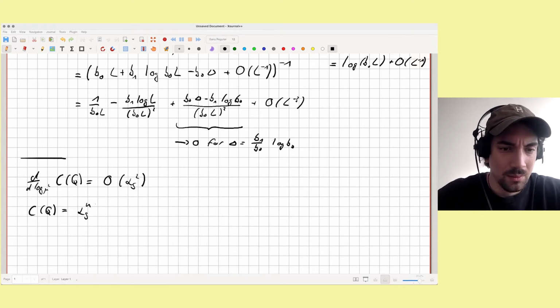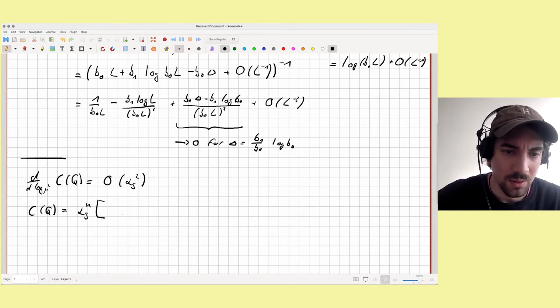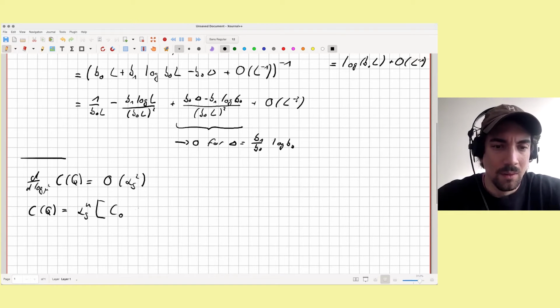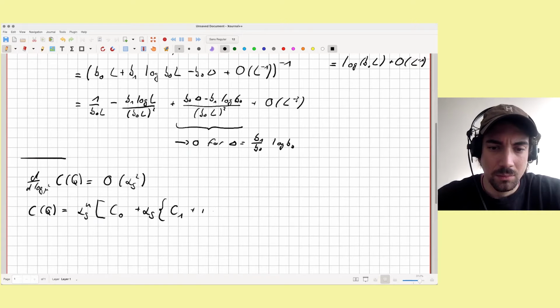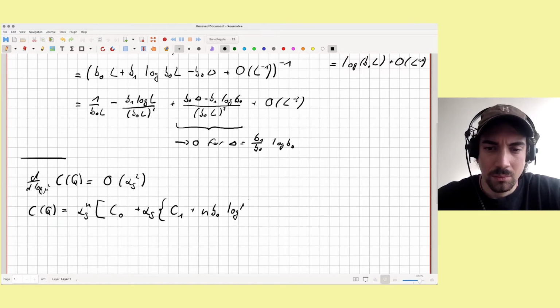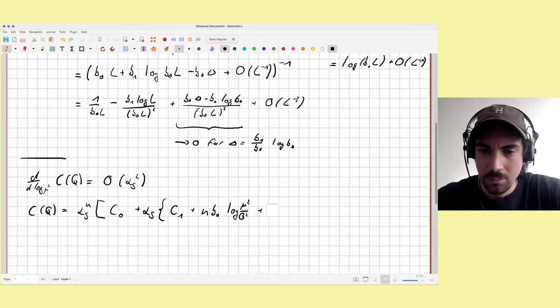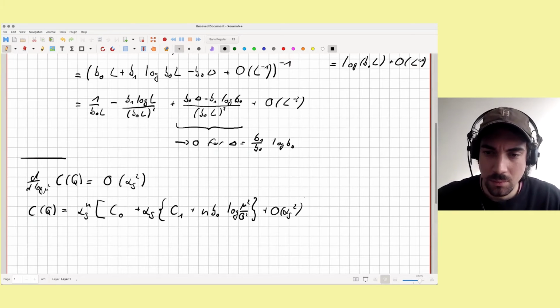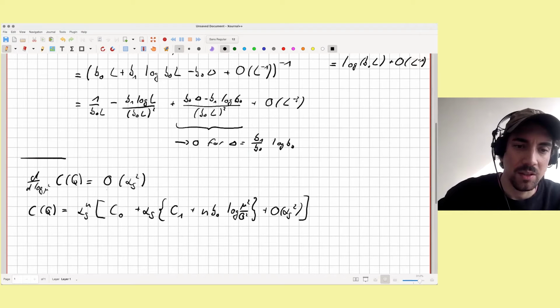Following these first coefficient functions C naught plus a higher order term. So we should now show that the scale dependence of this is of order alpha s squared.